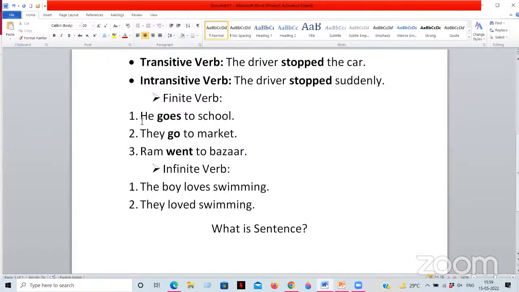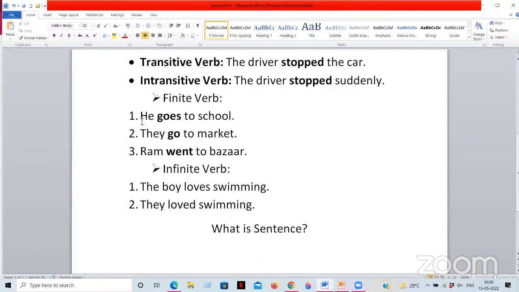So a sentence is a group of words that express a particular meaning. When we put together some words and they express a particular meaning, that should be complete. If that is not complete, that will become a phrase. So that should completely express the meaning and be complete within itself. That is when it will become a sentence.